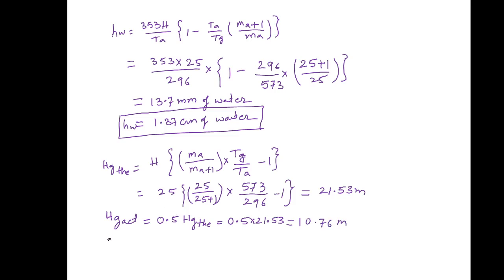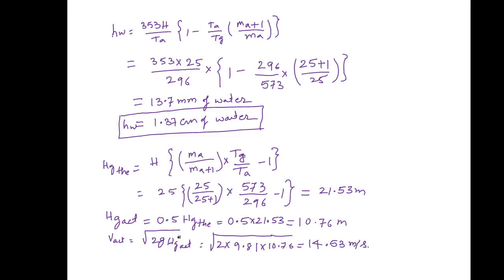To find the actual velocity of gases, it is equal to the square root of 2g Hg actual, so square root of 2 into 9.81 into 10.76. On simplification, we get the velocity of hot gases as 14.53 meters per second.